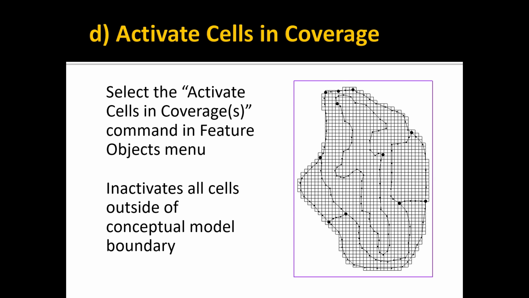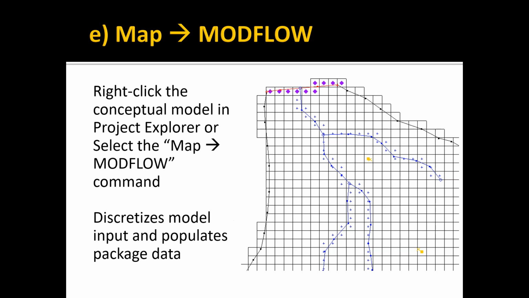And then finally, the last step in this whole process is you select what's called the Map to MODFLOW command. What that does is it takes the features in your conceptual model, the coverages in your conceptual model, your rivers, your wells, your general head boundaries, your specified head boundaries, your hydraulic connectivity, all that is then overlain on the grid, and it assigns the cell-by-cell values.